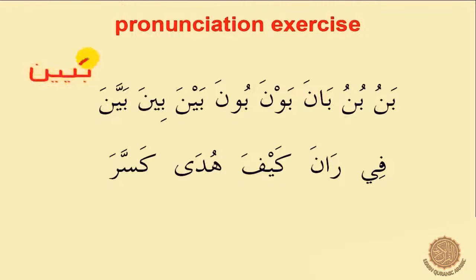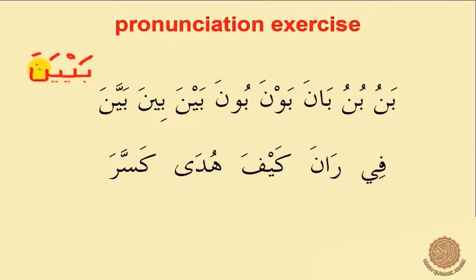So, bay, ya, na. So when there's a shadda, there's a double letter. The first letter has a sukoon, and the second has the harakah that it has, which is here the fatha. So, bayyana.